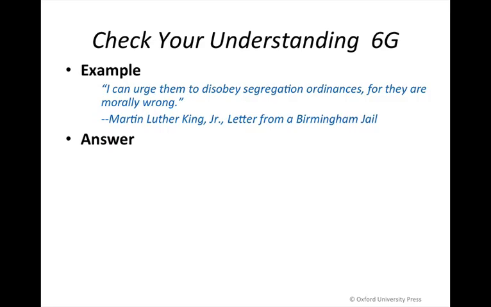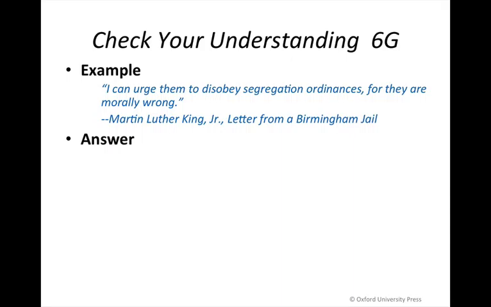Let's go back to our original work in chapter 1 to identify the conclusion, if there is one. Remember, an enthymeme can be an argument that is missing a conclusion, missing a premise, maybe even both.